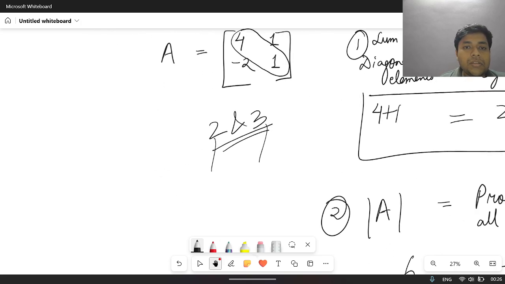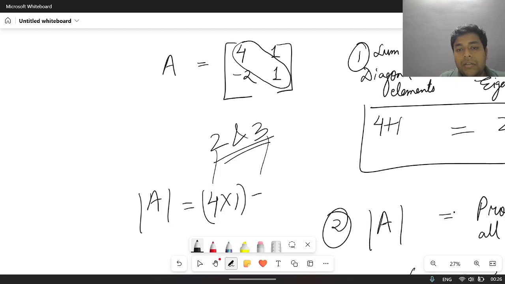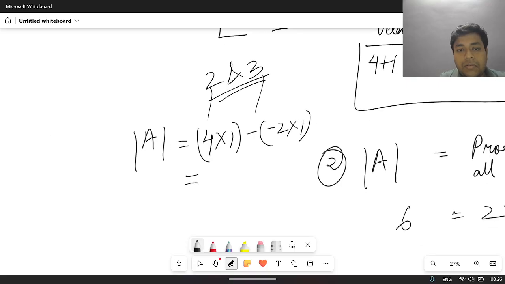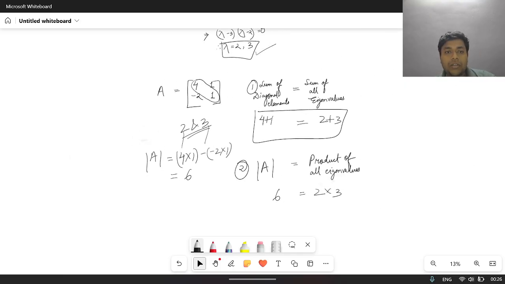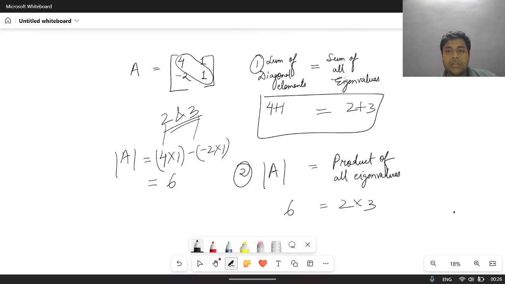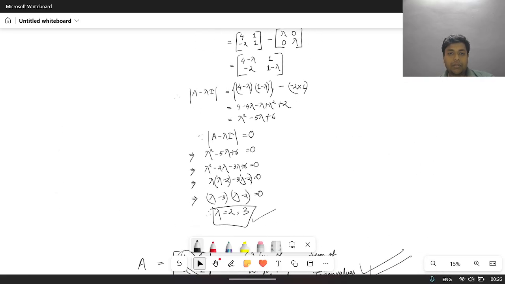Let's see what the determinant is. 4 minus, so it's 6. Right. So you can take a look at this. These are the two properties which you can remember. Right. And this is how I solved it.